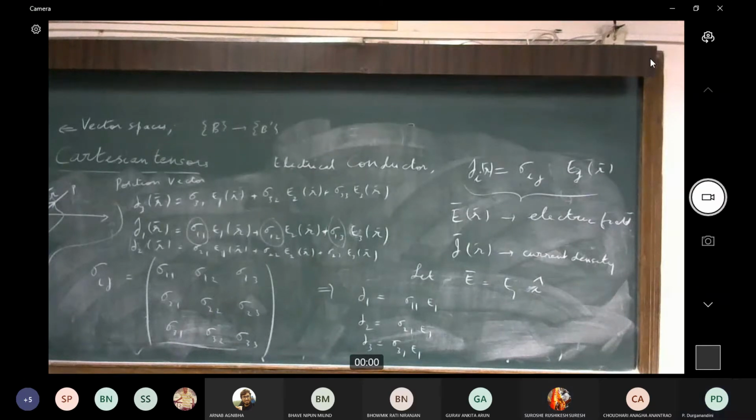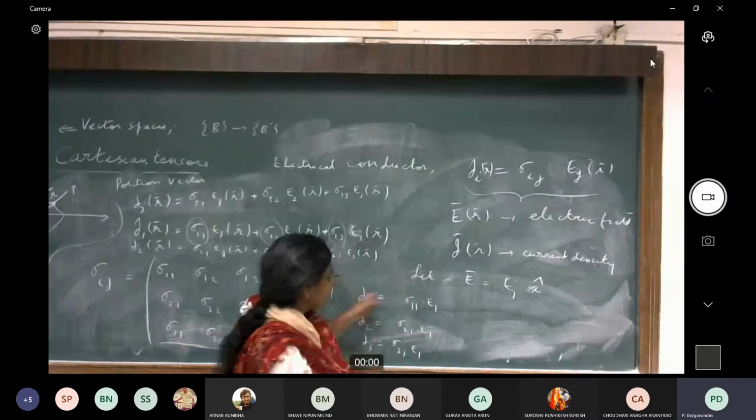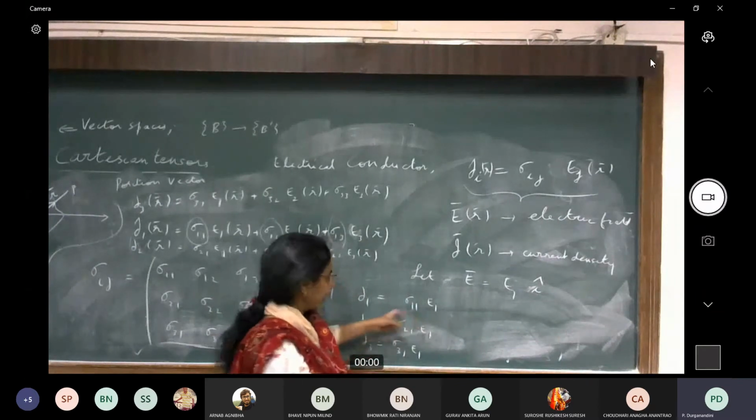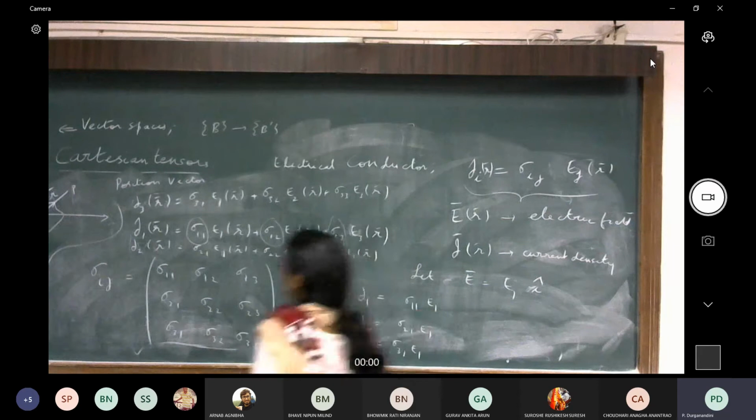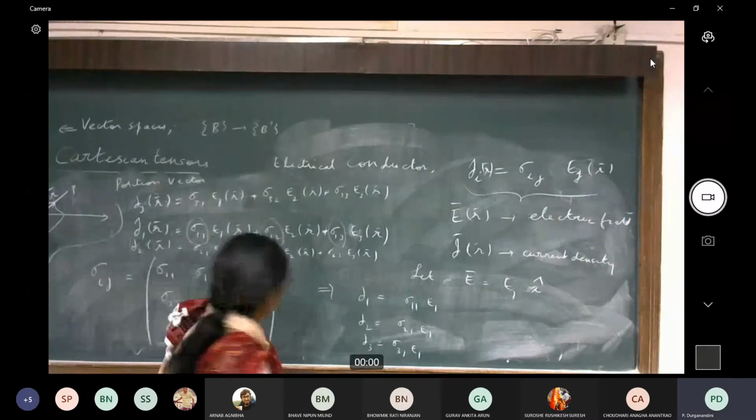Maybe I should say it this way. If it's an isotropic conductor, what I would expect is that if I apply the electric field along this direction, then the current should be only along this direction.